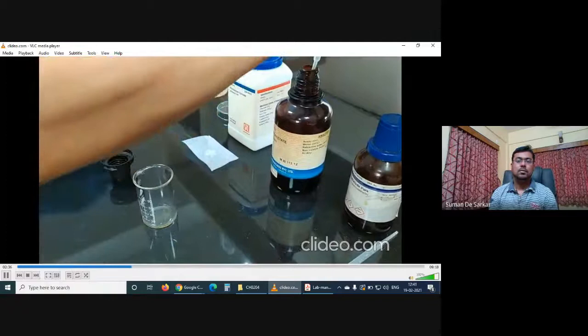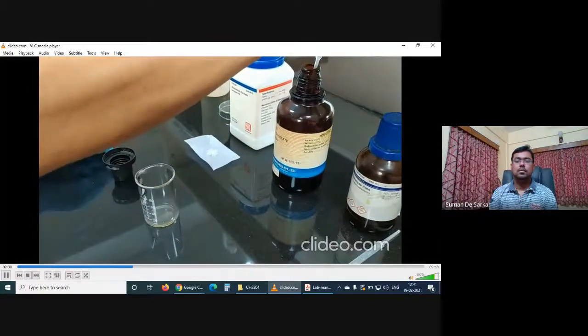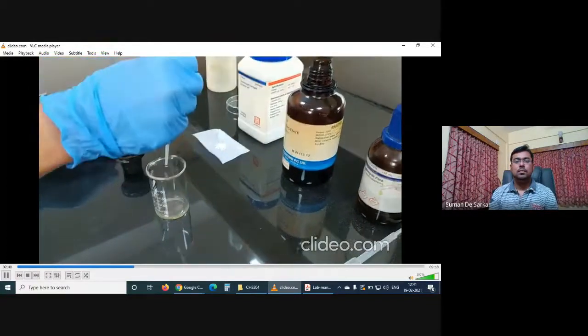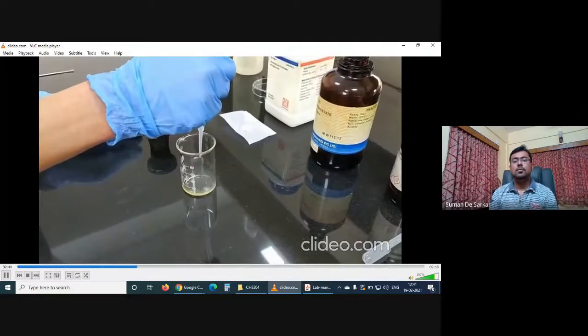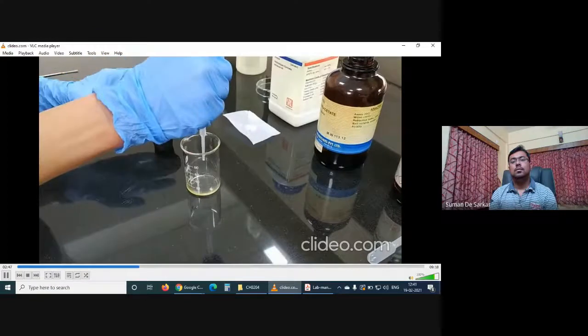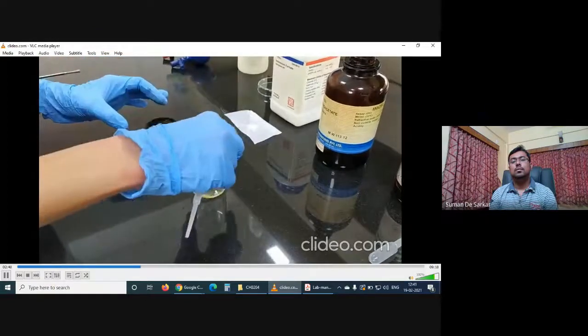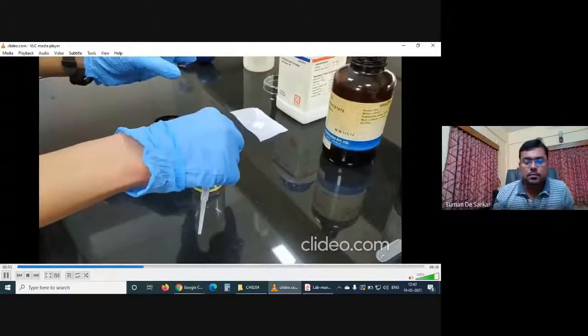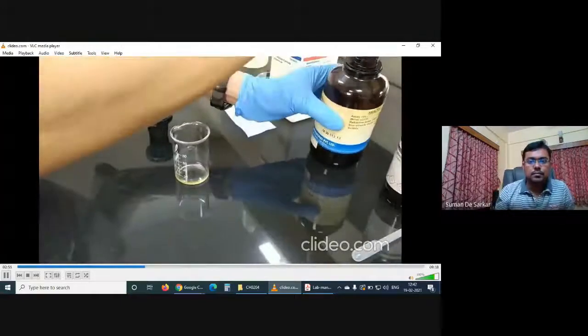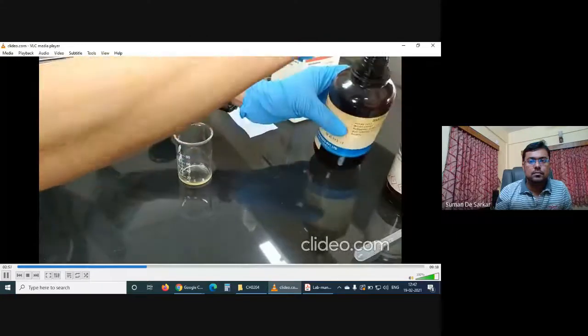We are adding the ethyl cyanoacetate to the para-anisaldehyde. And with that, we add the 630 milligram of ammonium formate.